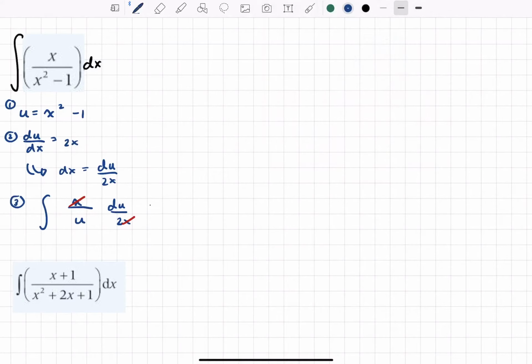If we factor out the 1/2, we have 1/2 times the integral of 1 over u. Now notice, 1 over u is integratable. It's just the natural logarithm. So this entire thing, which we didn't really identify to be integratable, is now much easier to work with.